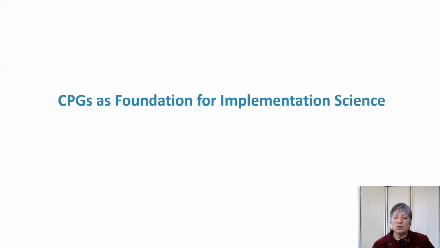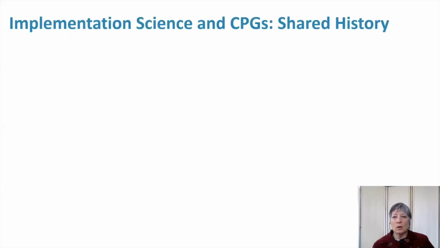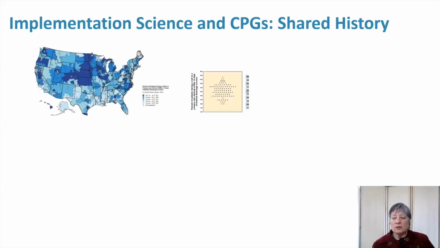So let's think about CPGs as the foundation for implementing science. How does that work? Well, Dr. Proctor has already reviewed the critical seminal reports that guided the current state that we're in terms of developing implementation science.